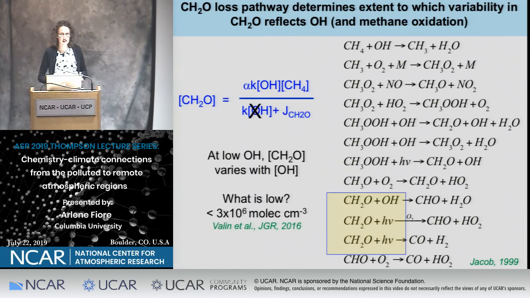So the conditions that we need in order for this to work are that we have low enough OH that the primary loss pathway for formaldehyde is occurring through photolysis. Luc Valin, in some earlier work, had suggested that low enough is pretty much happening throughout much of the remote troposphere, but we actually have the observations we need to test that from ATOM.